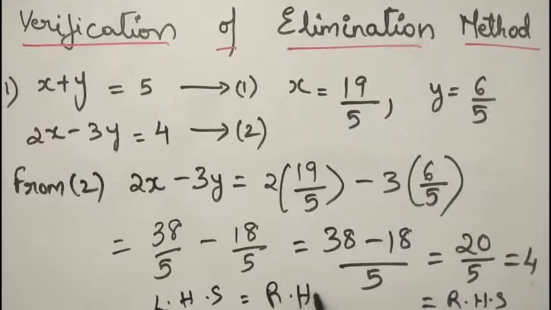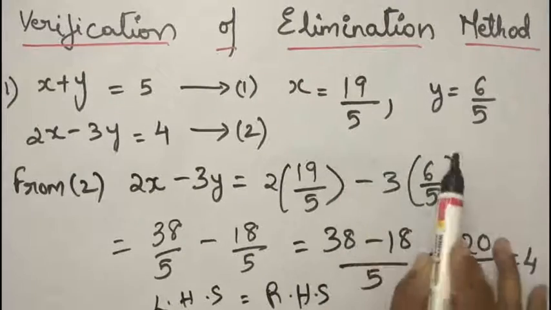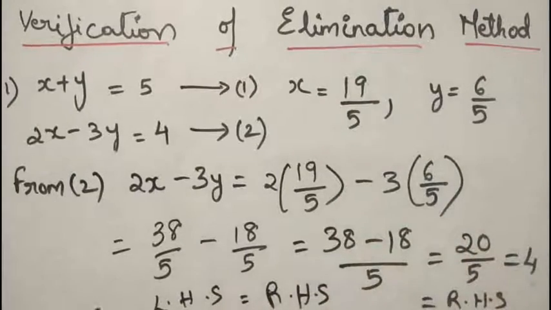So in both the equations, the values of x and y are satisfying. After substituting the values of x and y, both the equations are satisfied, is it not? Because we got LHS equal to RHS for equation 1 and equation 2. Hence, we have verified and we got the correct values.